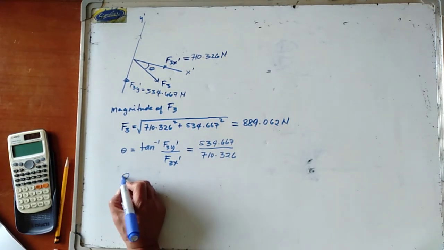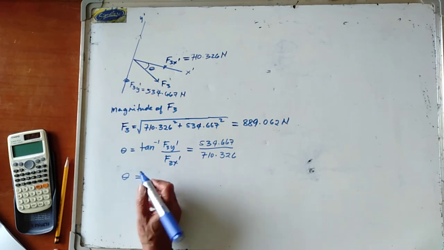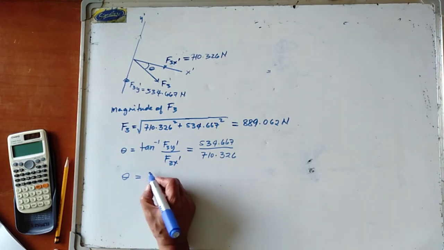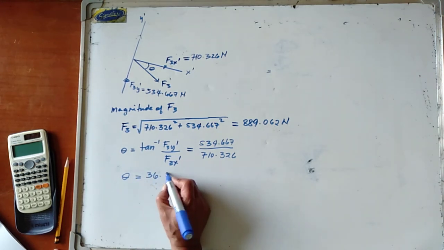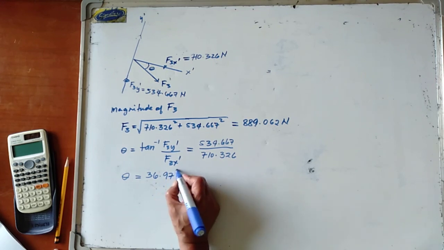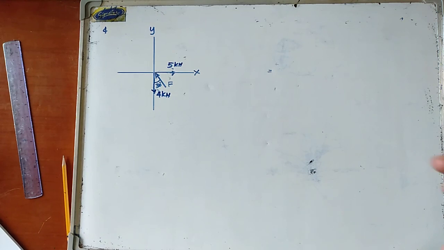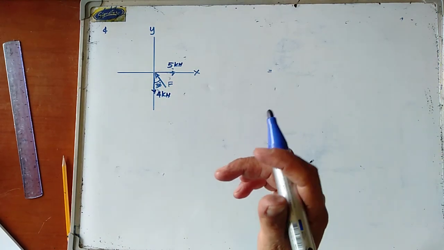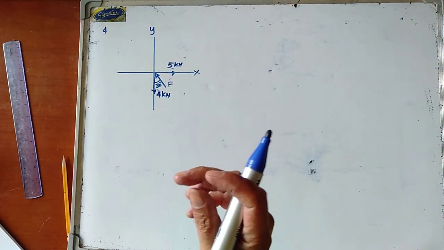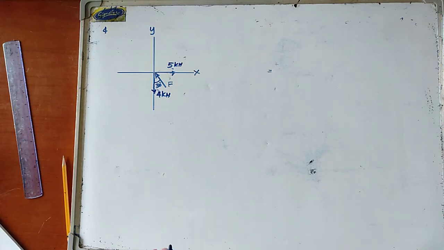Hence, your theta is now equal to 36.97 degrees. That is sample problem number 4.